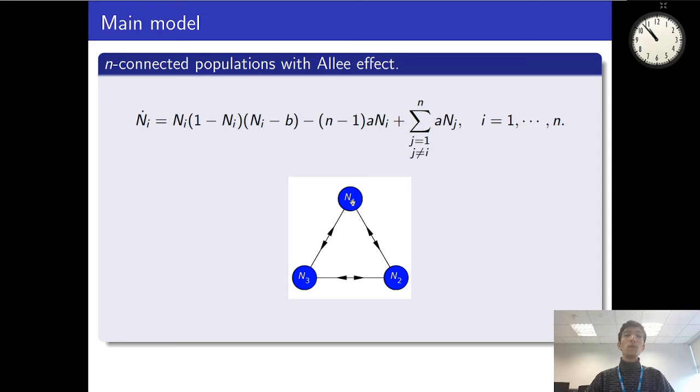I consider the fully connected digraph for simplicity, and I considered the same dispersal rate or strength of connectivity, again to make things simpler. And then the equation is like this. You have n differential equations of this form, and now things are more interesting.